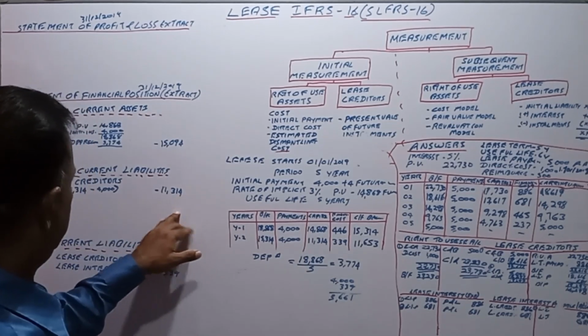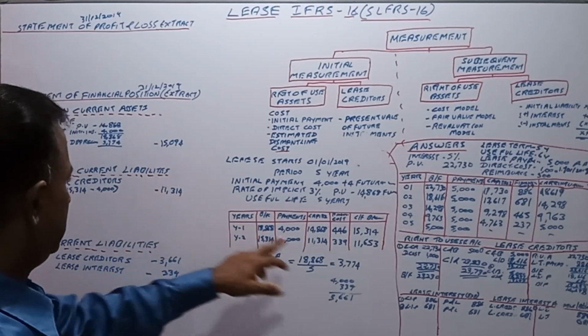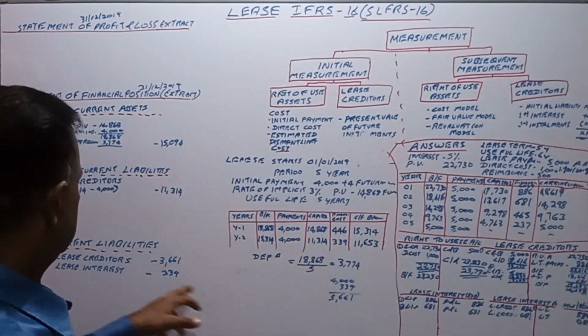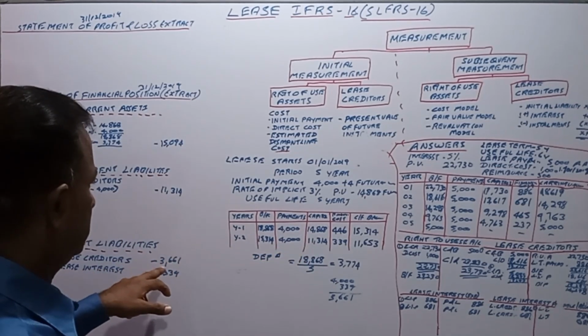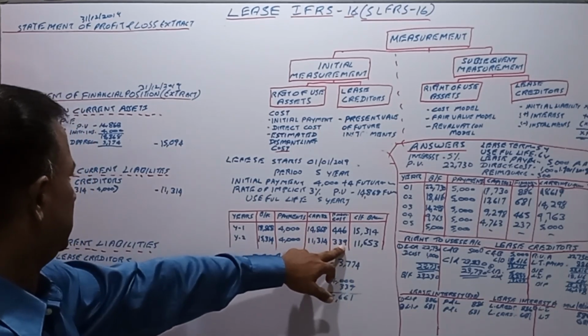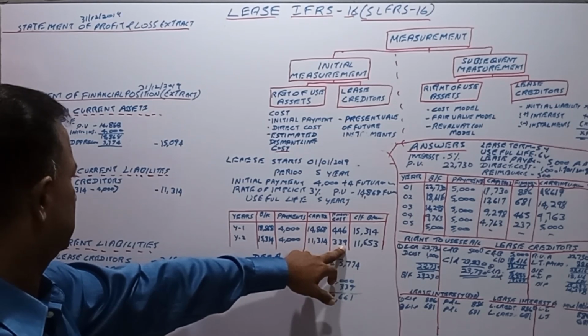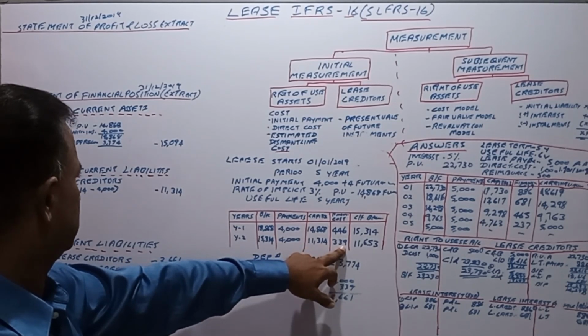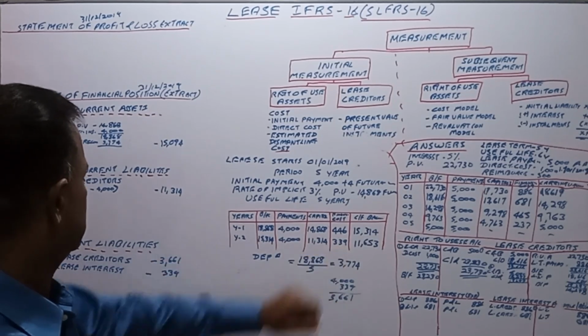So the first year we have finished. Second year: 3,161 plus 339, right?